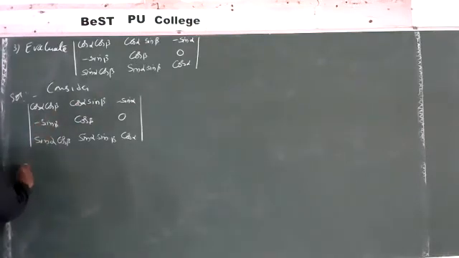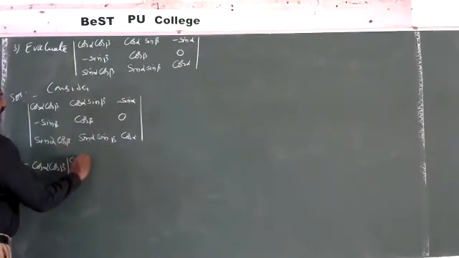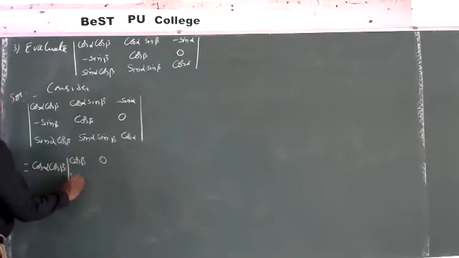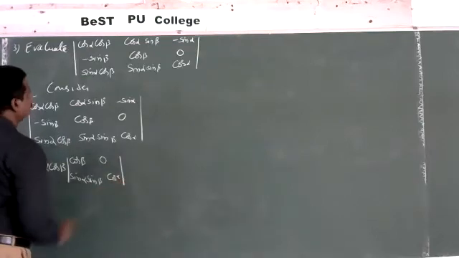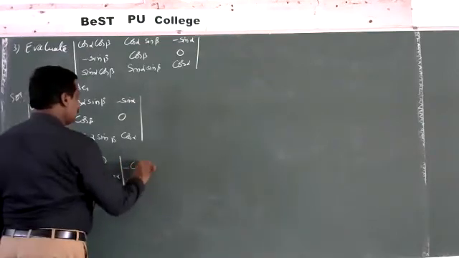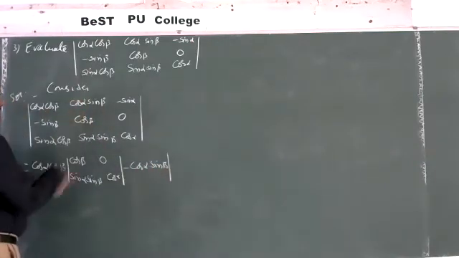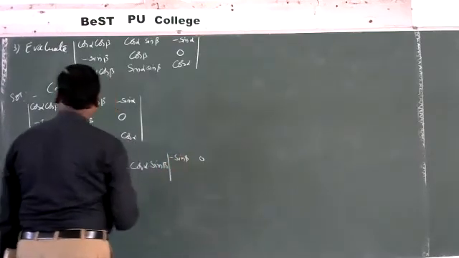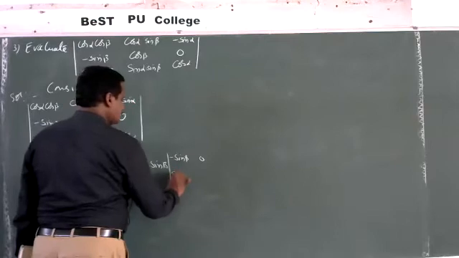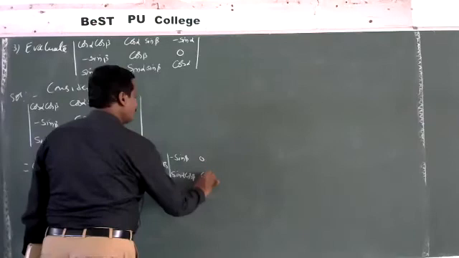I am expanding using the first row, that is cos alpha cos beta, leaving the first row and first column, then it is the determinant of cos beta, 0, sin alpha sin beta, cos alpha. Minus cos alpha sin beta, leaving the first row and second column, then it is minus sin beta, 0, sin alpha cos beta, cos alpha.